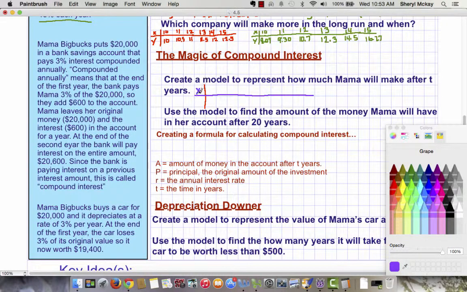X will represent the number of years, T, okay, and Y will represent the amount of money. So in year 0, when she first starts, she has 20,000. And I'm just going to write it like this, 20,000. In year 1, after the first year, she's going to have 20,600.